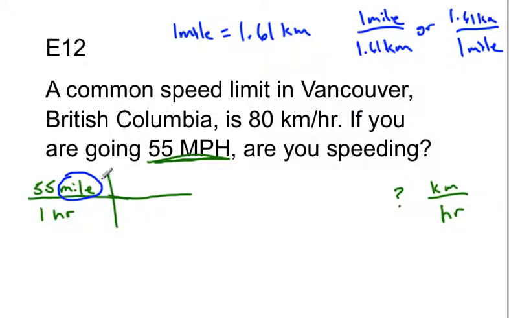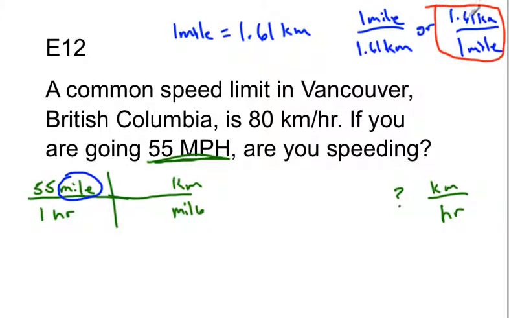So you ask yourself, I have mile on top, so I want mile on bottom, and I'm wanting kilometers, so I want the unit kilometers on top. Which one has this? This has kilometer over mile, so this one right here, that's the ratio I'm going to plug in there.